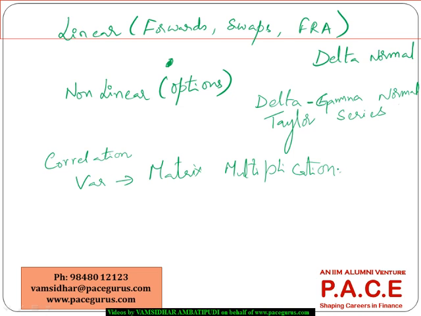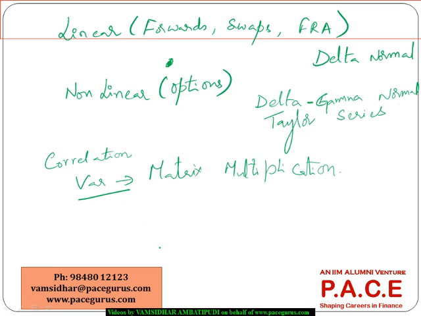So it's very easy to compute the overall portfolio VAR for linear derivative instruments, because you can compute the VAR of individual positions, the component VAR for each of the positions, and the overall portfolio VAR can easily be computed using the matrix multiplication mechanism.